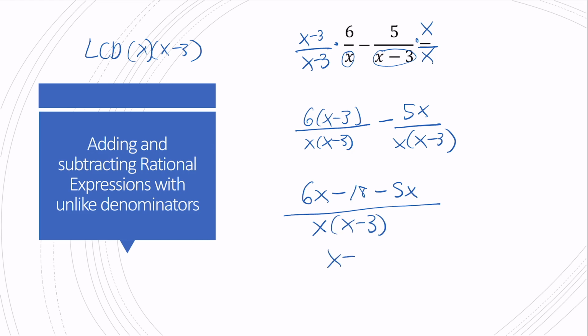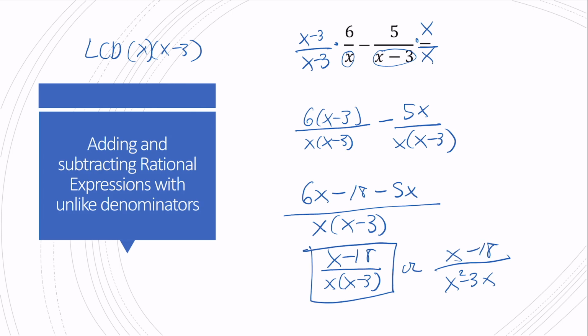I've got x minus 18 over x times x minus 3, and I can't factor my numerator any further. I can't simplify my denominator anymore, so this is fully completed. You can leave these in factored form, or you could go ahead and distribute that x if you so wish. I would just stop here. You don't need to do the extra step of redistributing or refoiling, whatever may be the case.